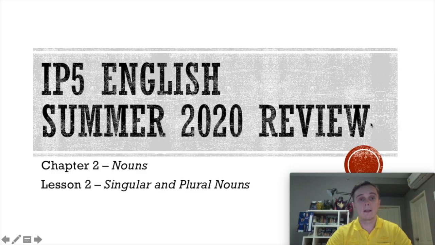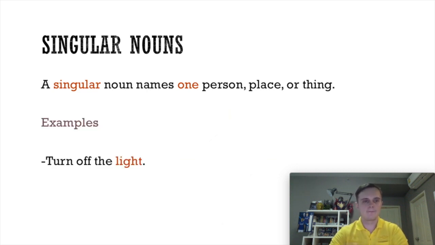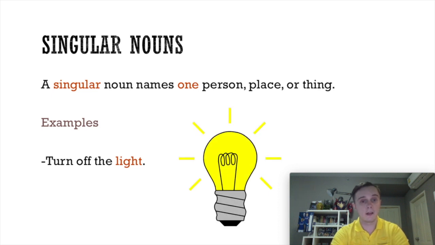Okay, so English Chapter 2, Nouns, Lesson 2, Singular and Plural Nouns. So you should all already know that a singular noun names one person, place, or thing. So we'll look at some examples. Turn off the light. So if I have one light in my room and I ask you to turn it off, I would say turn off the light.